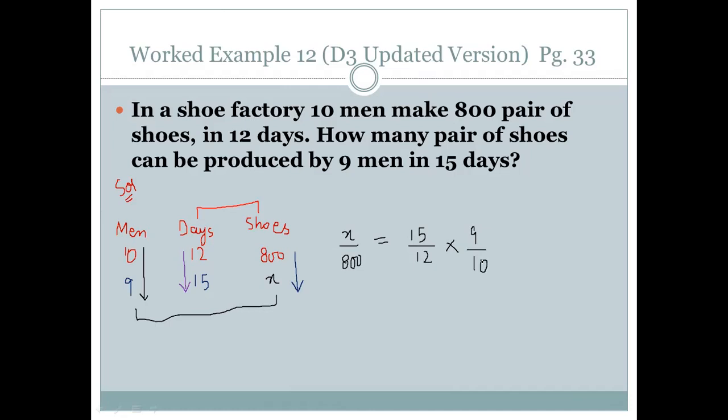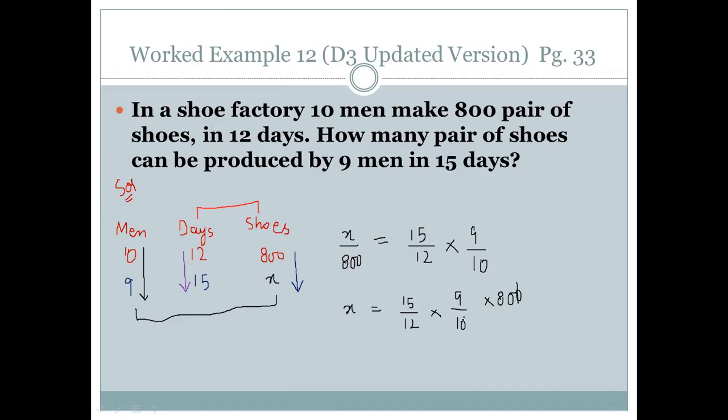I hope this thing is clear to you all. Next, x is equal to 15 upon 12 multiply by 9 upon 10 multiply by 800. All right.